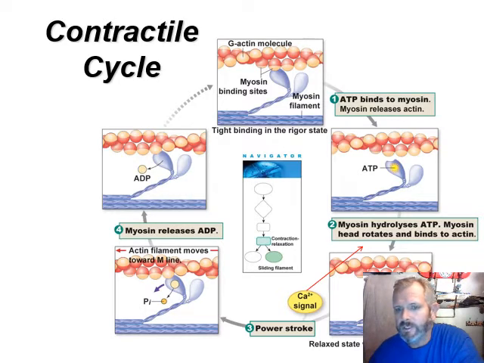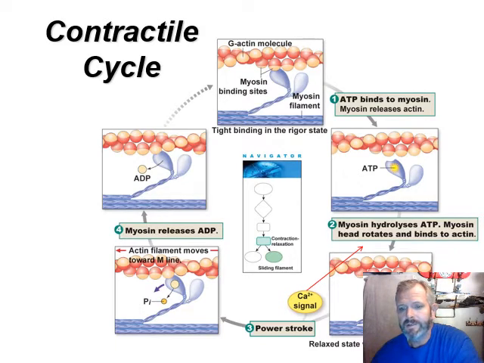This is that rigor state. In a living cell, it's not rigor mortis, because in a living cell we have ATP available, and so when ATP binds to that myosin that's already done the power stroke, that's in rigor, the ATP binds, and now myosin will release.